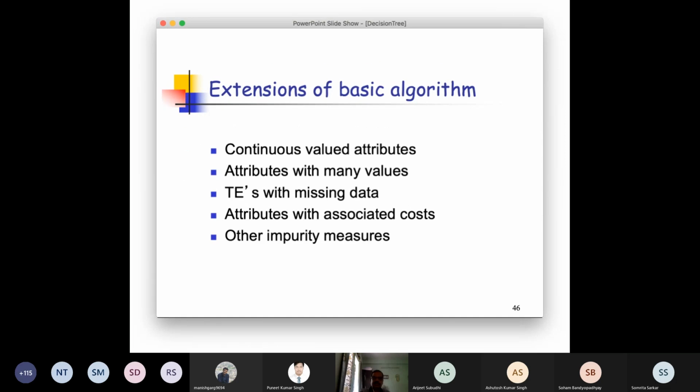And then, we have discussed one particular impurity measure, that is information gain. But there are other impurity measures that are also used, so we can discuss those. In this way, you can have various modifications on the base ID3 algorithm.